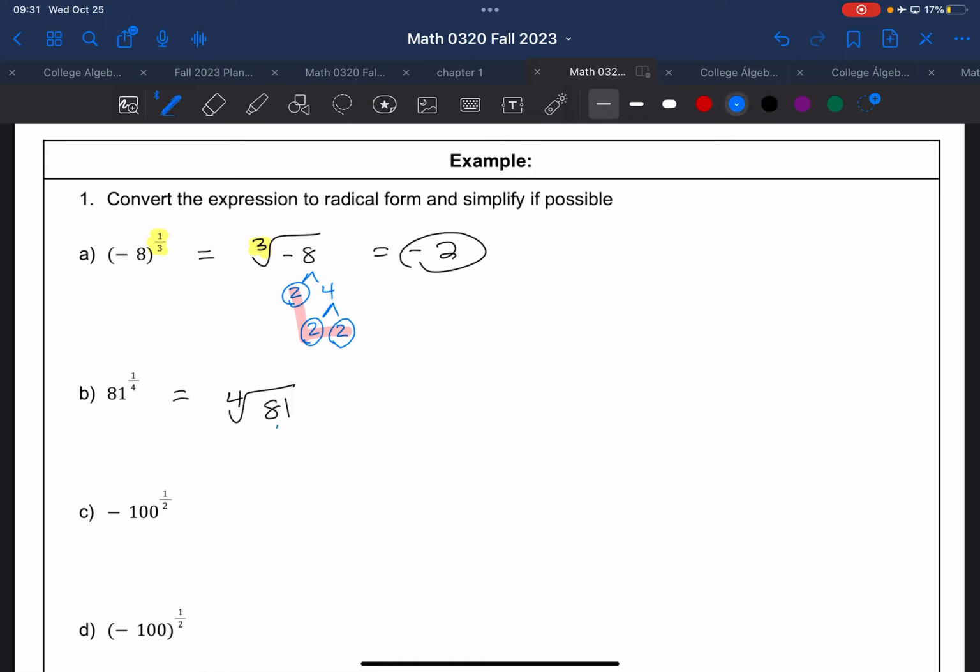From 81, we know 3 goes into 81 27 times. 3 goes into 27 9 times. And 3 goes into 9 3 times. Knowing that we're going to group this in 4s, what's our answer? 3, because this is our group. We only had one group of 3, so we pull out that answer, which is 3.